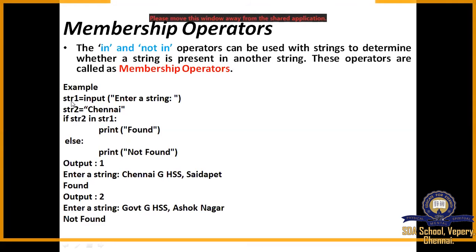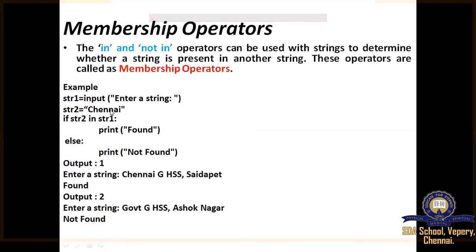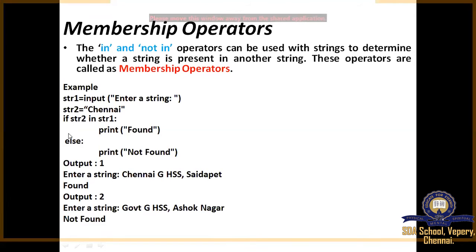Look at this example here. They have declared a string variable str1. str1 is equal to input enter a string. User enters a string. That string is stored in str1. Second string variable name is str2. Already the string variable contains a string Chennai. They are using your if-else conditional statement.